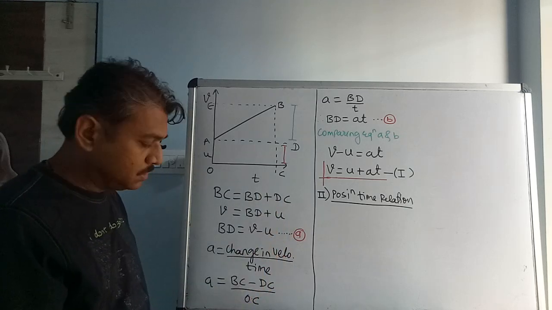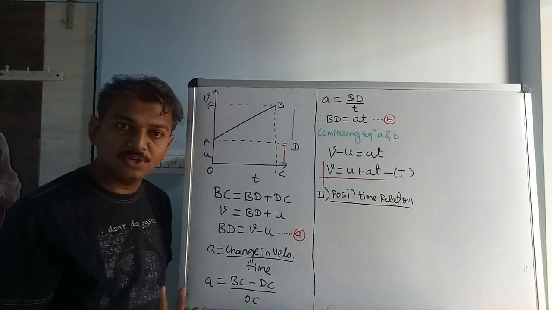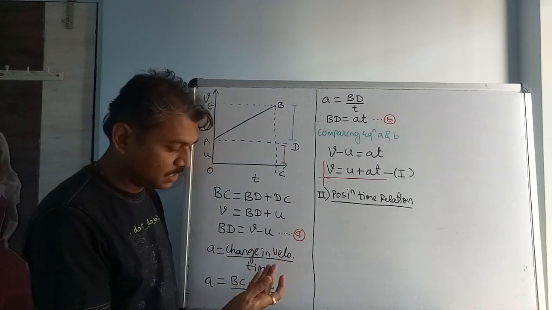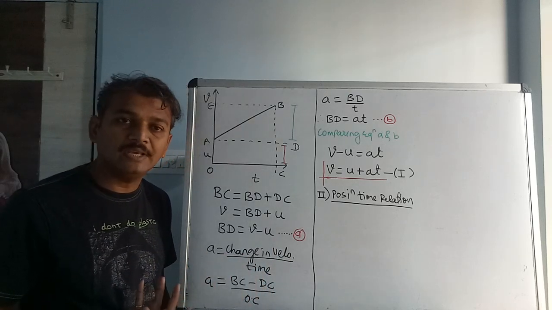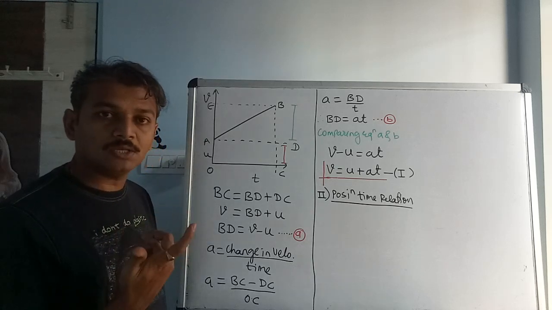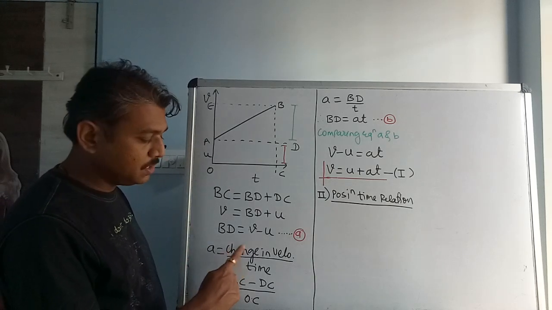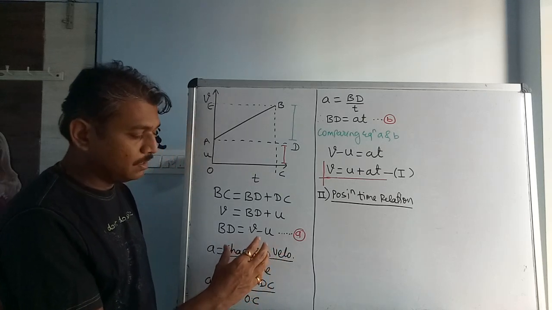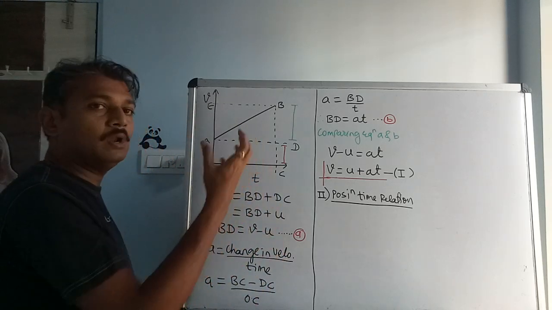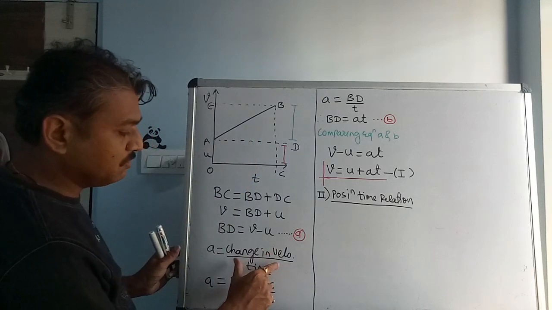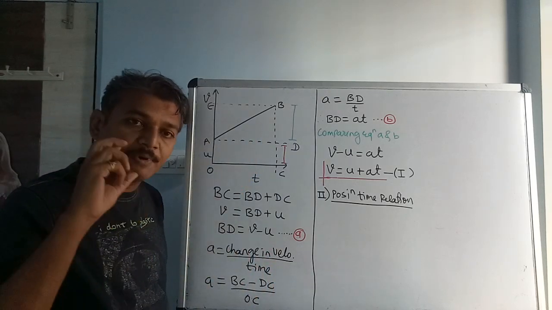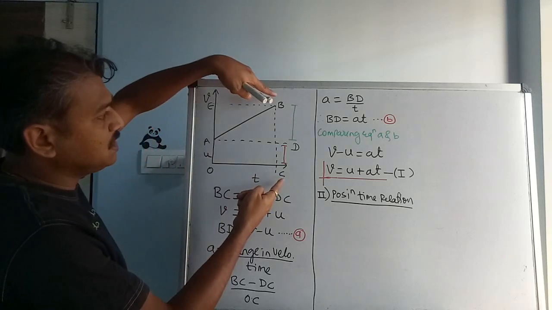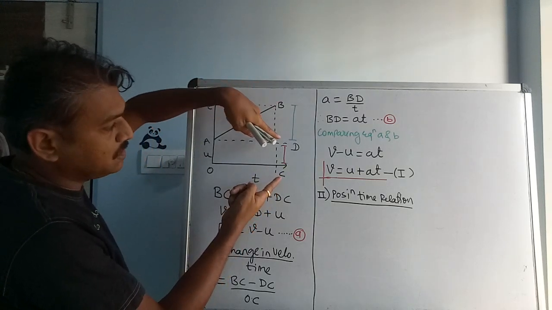Now after this I am just putting the definition of acceleration. Acceleration is change in velocity upon time, or the definition says a rate of change of velocity. Rate means time, change of velocity. So what we have written, we will write this from our graph. Change in velocity means final velocity minus initial velocity. So here final velocity is BC and initial velocity is DC.